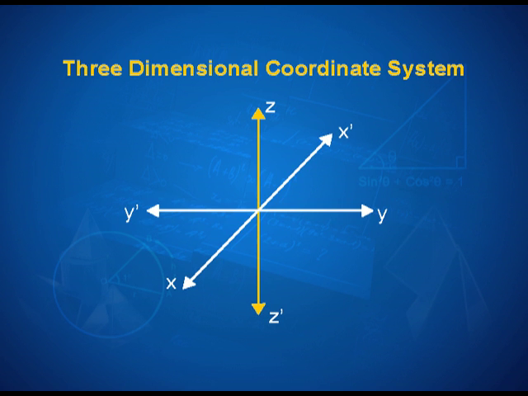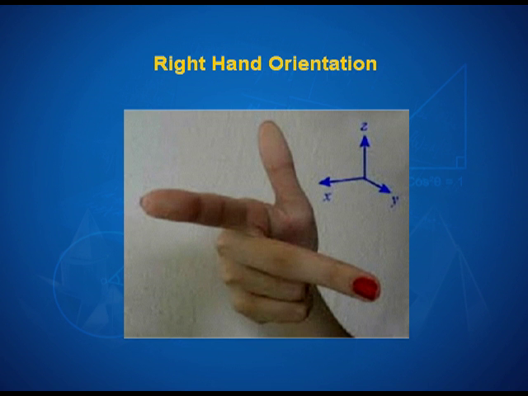Now, how we define and how we use the orientation of these 3 axes is governed by what is called the right hand orientation. So, we are looking at a system that is being followed as a right hand orientation, which is defined as you can see here. If you curl the fingers of your right hand inwards and hold up the thumb, point out the index finger and the middle finger towards yourself, then the thumb follows the direction of the z axis.